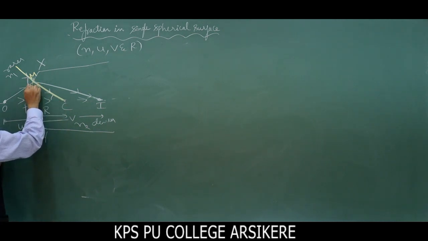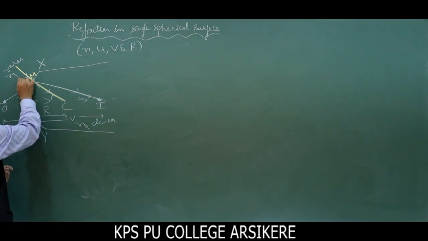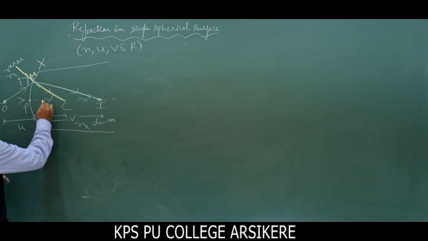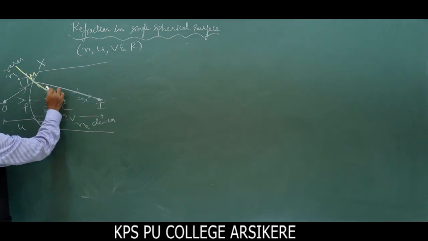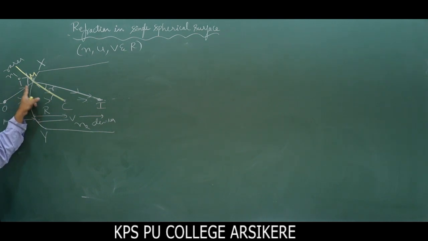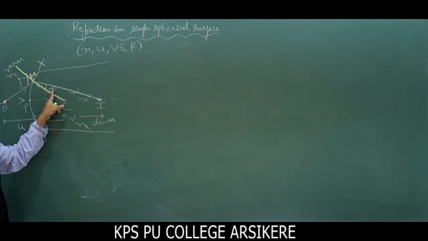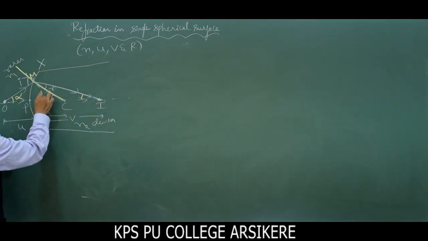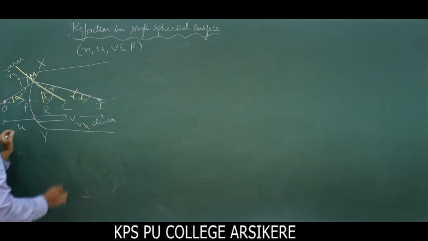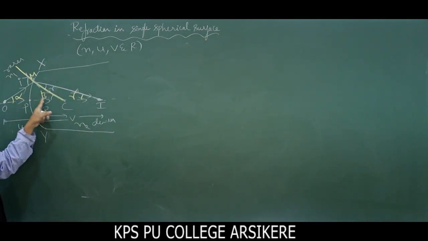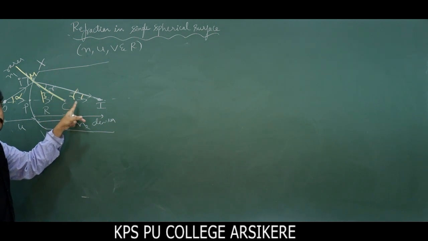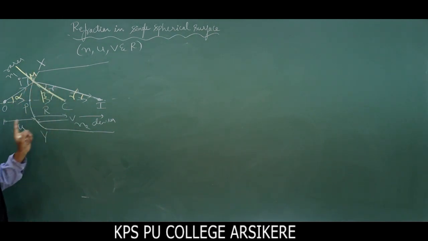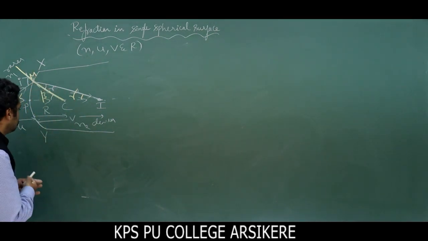Now we have the angle of incidence I and the angle of refraction R. The other angles are alpha, beta, and gamma. Alpha, beta, gamma are the angles formed. Keep in mind that I am using a small aperture.